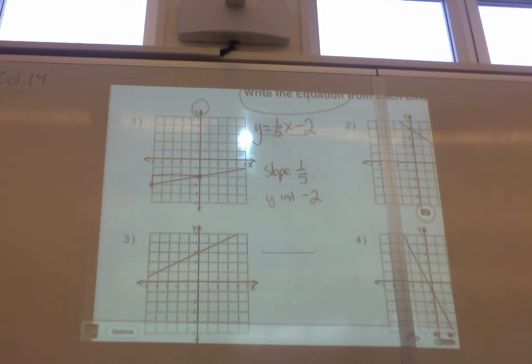Two more calculators. Dos más, por favor. You guys see them? Oh, I got one more. Two more. One more. You got two? Okay. So you can listen for the bell, my friends.